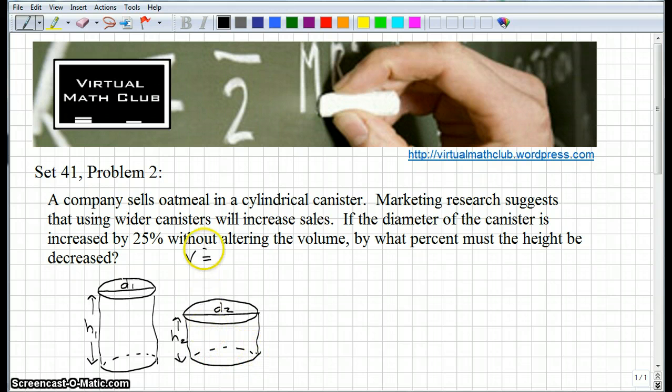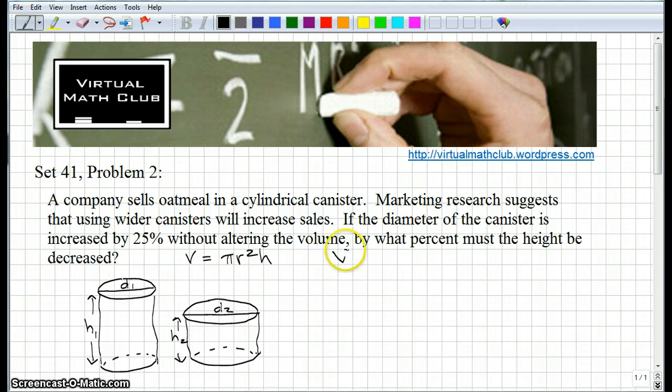So the base is pi r squared, so the volume is pi r squared h. This is the general formula for the volume of a cylinder. So now let's use D1 and H1.